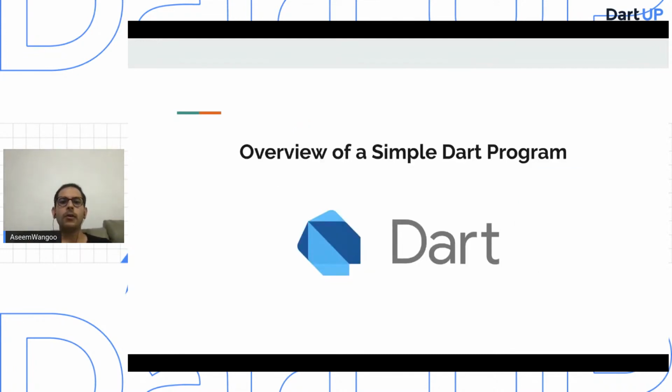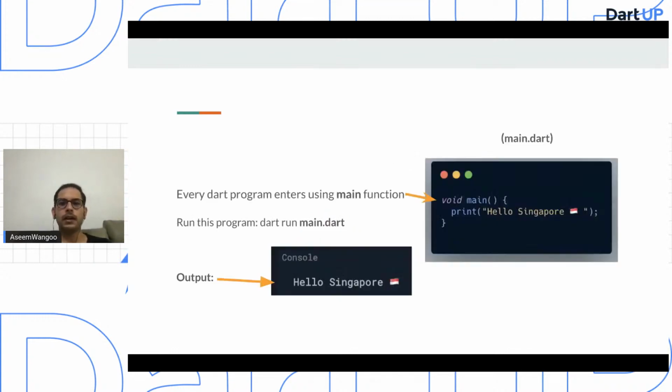Next, now let's see how a simple Dart program looks like. On the right-hand side, there is a snippet of a small Dart function. The name of the file is main.dart, and every Dart program enters using this main function.